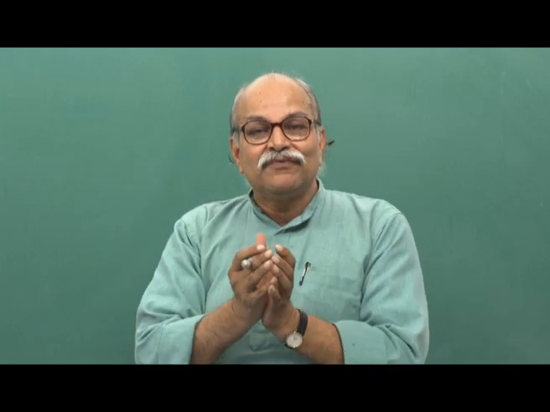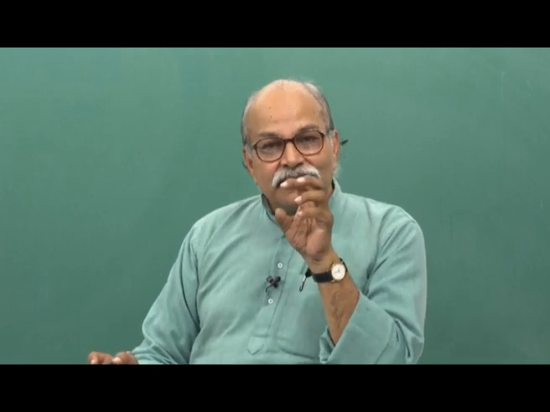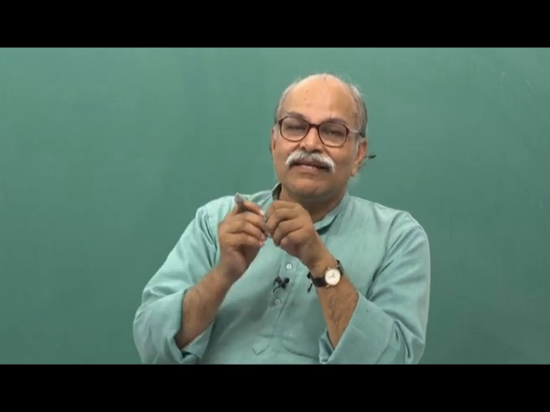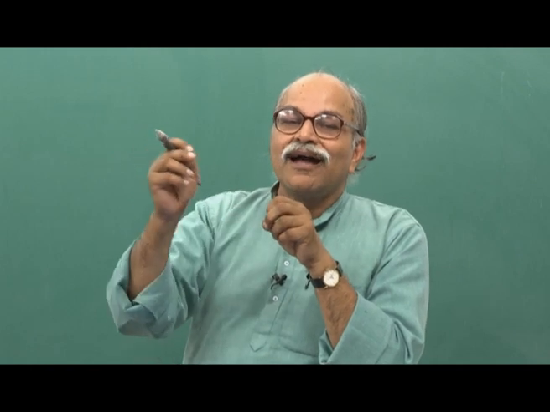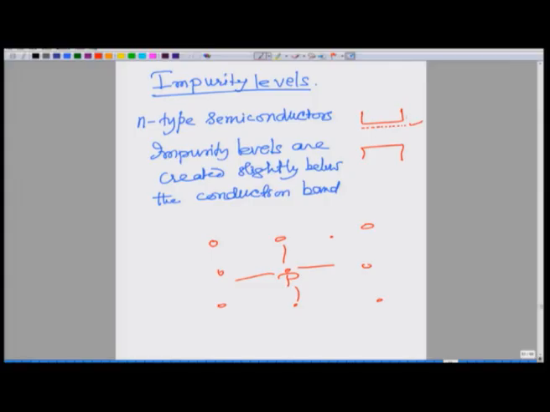So, the remaining part will have plus e charge, and this remaining plus e charge and this extra electron, you can try to model as proton, electron, hydrogen atom energy levels. So, if you take this conduction band minimum as your energy 0, then this is the energy needed for this electron to go from this weakly bound state to the conduction band, where it can go anywhere in this silicon crystal.